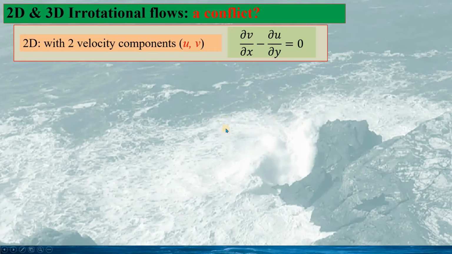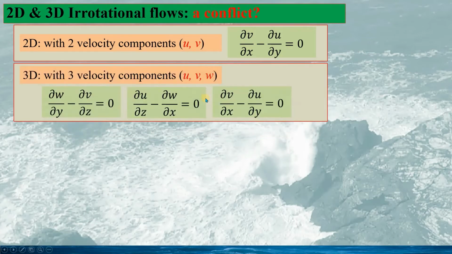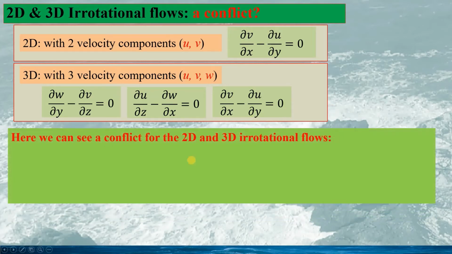So we can see a conflict between the 2D and the 3D irrotational flow. In 2D, we have two velocity components, u and v, but we have only one equation based on the irrotational flow assumption. While in 3D, we have three velocity components, u, v, and w, and we have also three equations from the assumption of irrotational flow. Therefore, we can see a conflict.